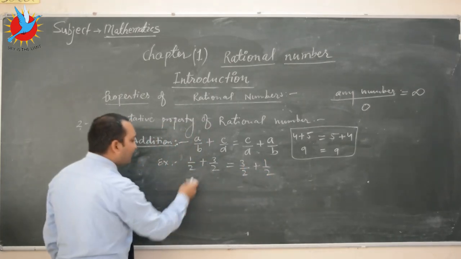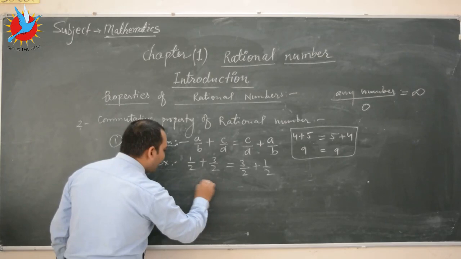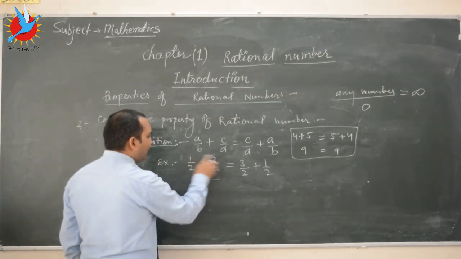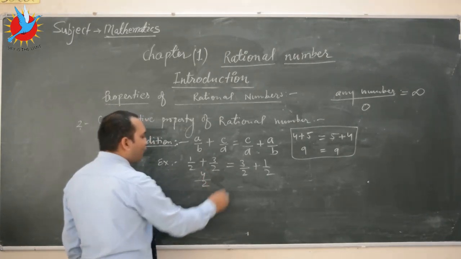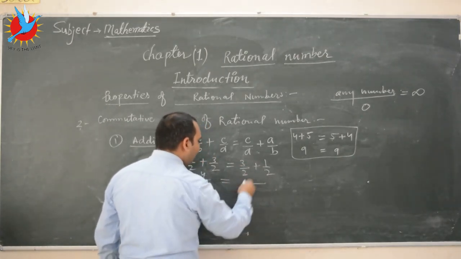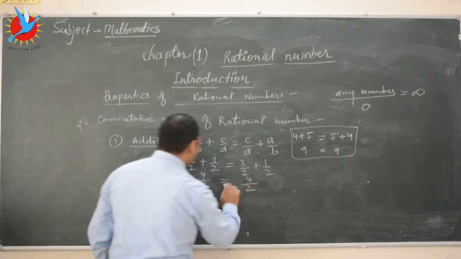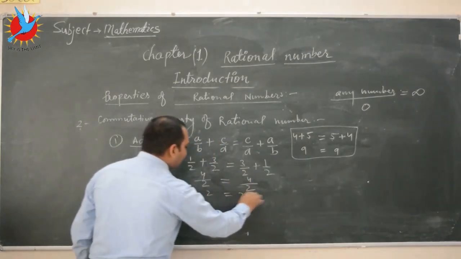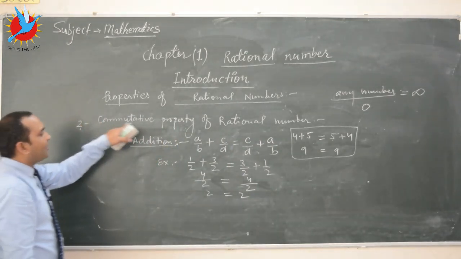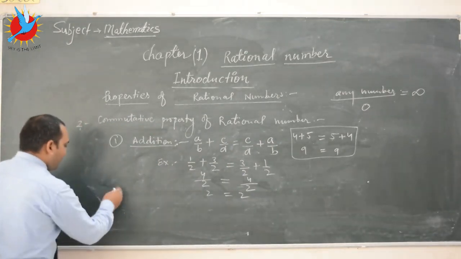We change the order, so 3 plus 1, common denominator 2, and we add the numerators, 3 plus 1 is 4, 4 upon 2. So this is true for addition. It means the commutative property holds for addition.